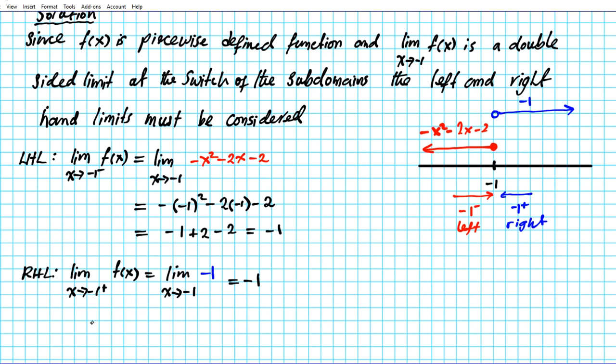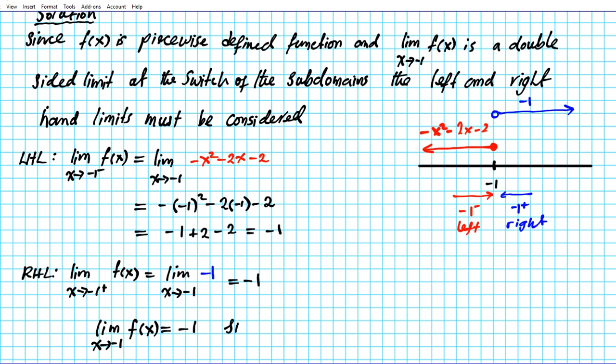So what does that tell us? Since the left and right hand limits are equal to -1, that tells us that the double-sided limit we're asked to find, the limit as x approaches -1 of the function, is equal to -1.